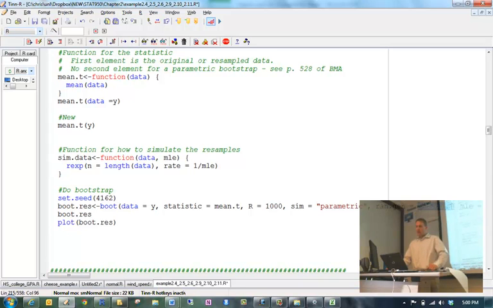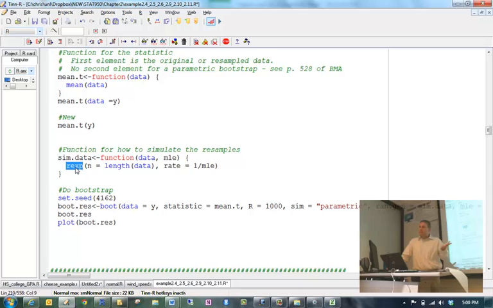Call it something else if I wanted to. And the function looks like this. The first argument has to be data. The second argument has to be MLE. It has to be called that. Kind of weird, but it has to be, because often you're working with maximum likelihood estimates with distributions, so that's why the authors of this code have made that requirement.